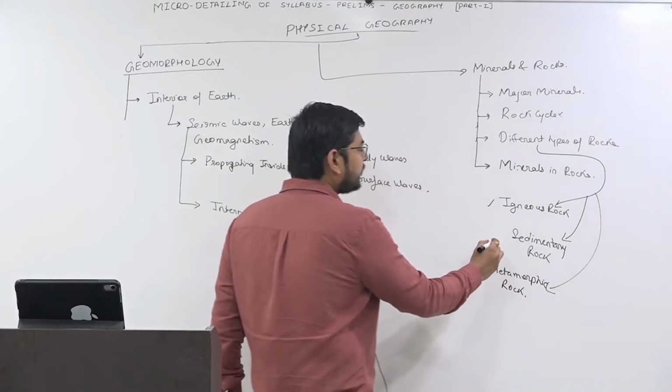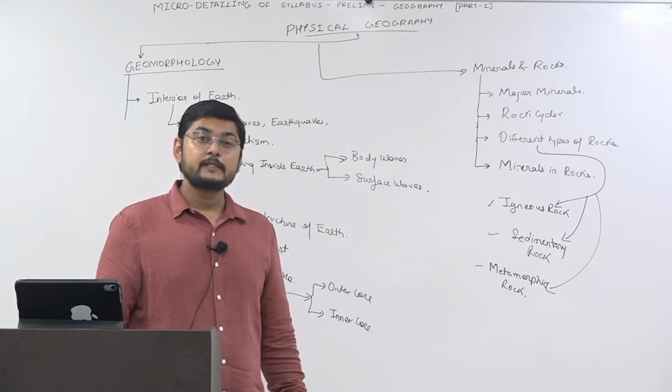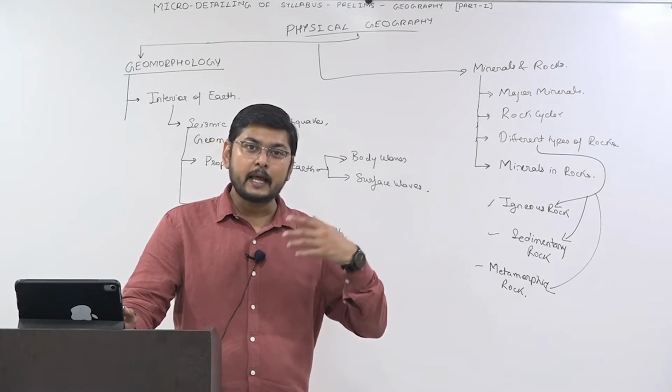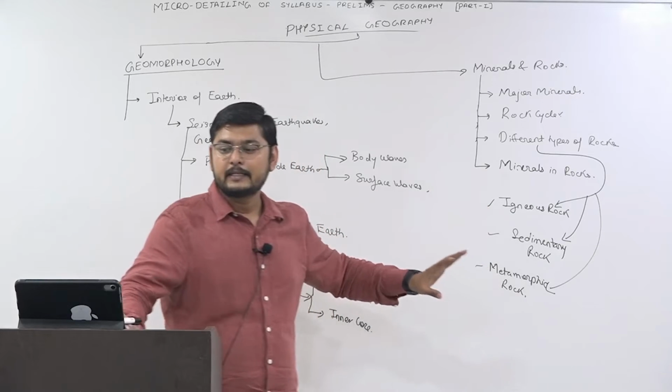What is the difference between igneous, sedimentary and metamorphic rock? How do these rocks play a major role in our daily lives? What are the different uses and applications of such rocks? Those we will study in detail in this part.